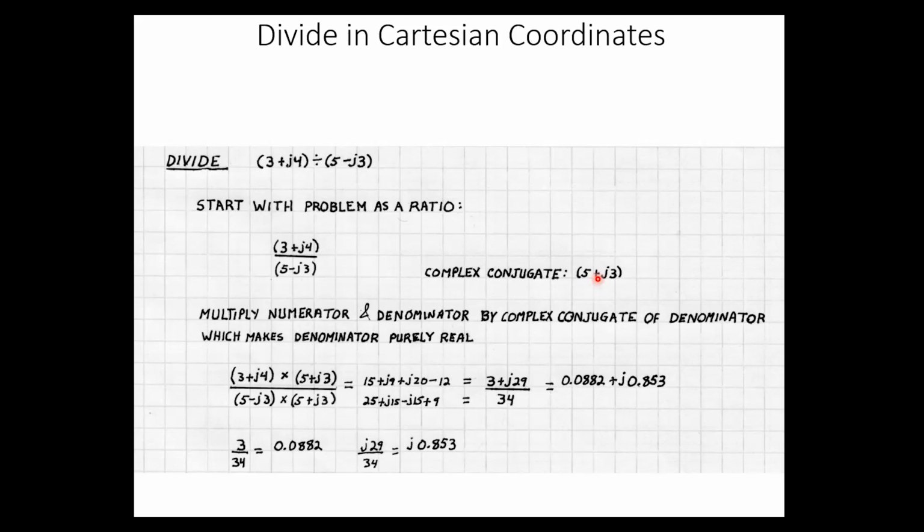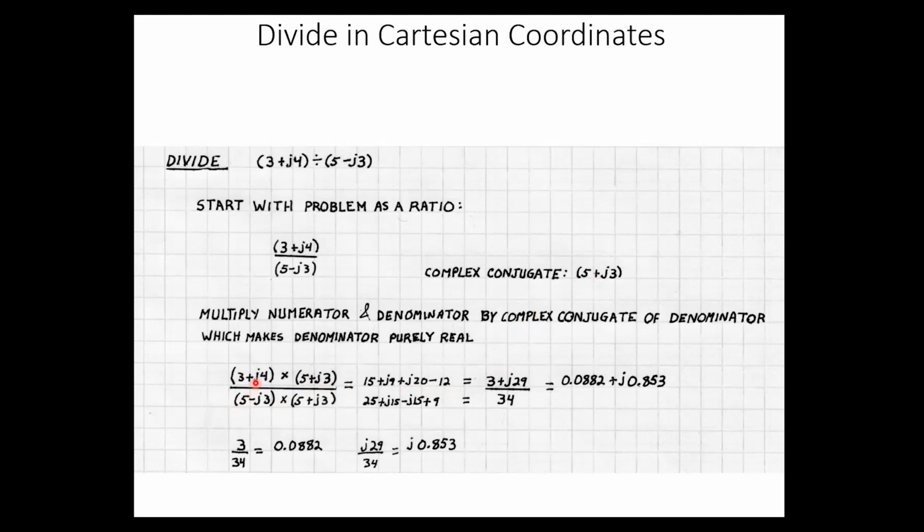If I multiply both the numerator and the denominator by the same number, I haven't changed the ratio at all, have I? But if I multiply the numerator and the denominator both by the complex conjugate of the denominator, then I make the denominator purely real without changing the value of the ratio.